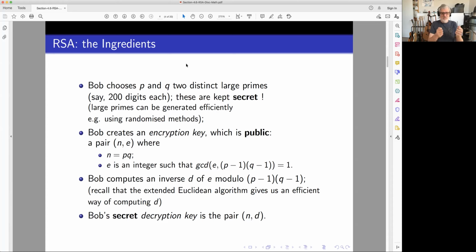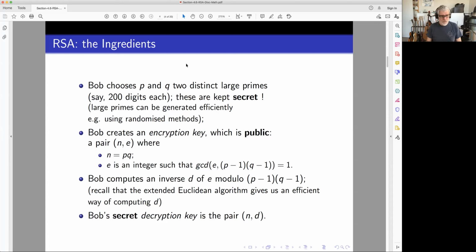If someone sees n, and p and q have 200 digits each, then n has about 400 digits. You have to factor this number into two primes. Everybody sees it, knows it's the product of two primes. If you can factor, then you've got it. You can break the code. If you can't factor, and it seems unlikely that you can, but that's another story.